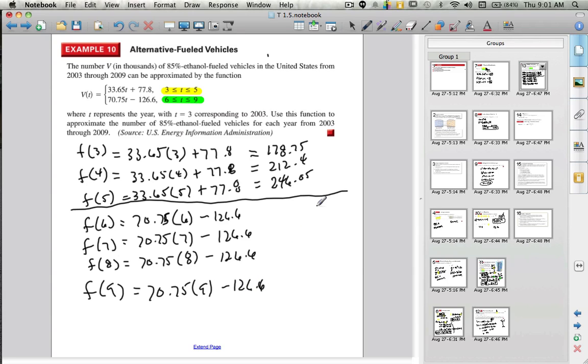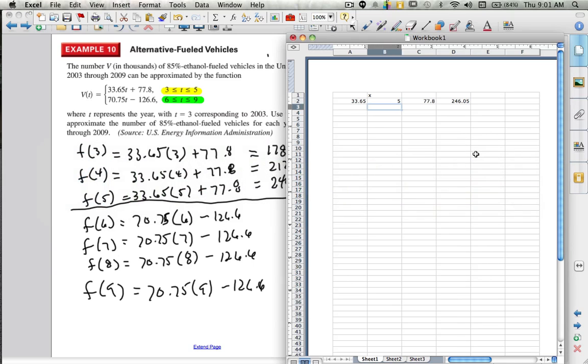Okay, so if I go back to Excel, I could either change these values or just recreate this. I'm just going to recreate it below, just in case. Maybe I'd want to go back sometime. And here I have negative 126.6. I did it as negative because I don't want to rewrite this formula. I'm just going to copy it.